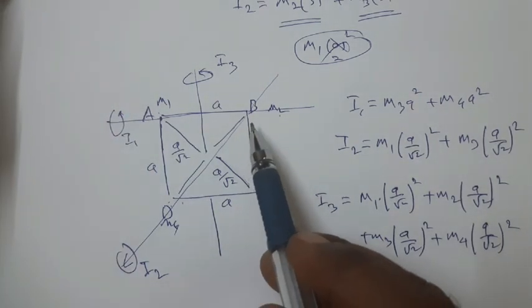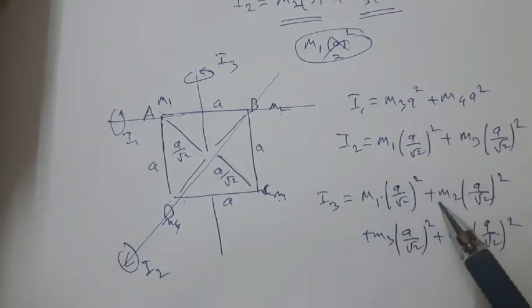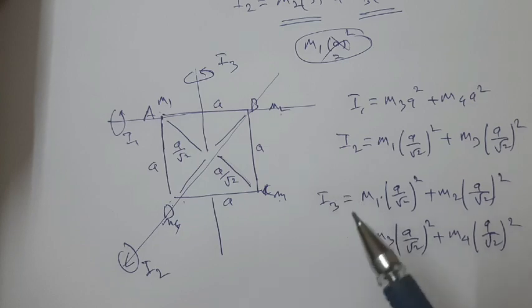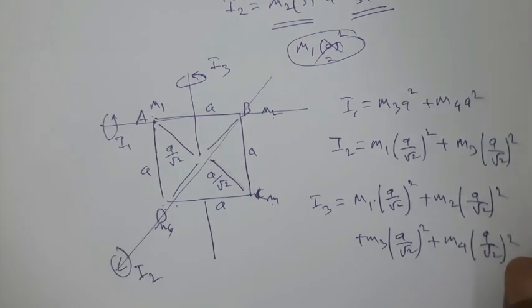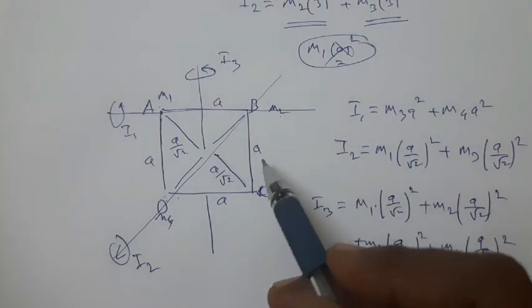Then we will have to find the distance of each mass from the axis of rotation, and use such a formula to determine the moment of inertia of the entire system. It is fine. Now, if there is a continuous system, here we have considered discrete masses.